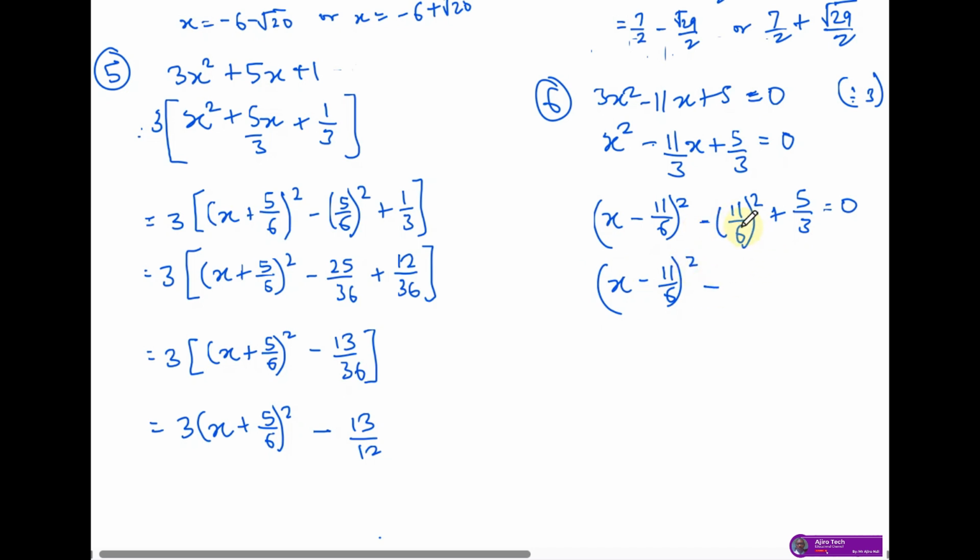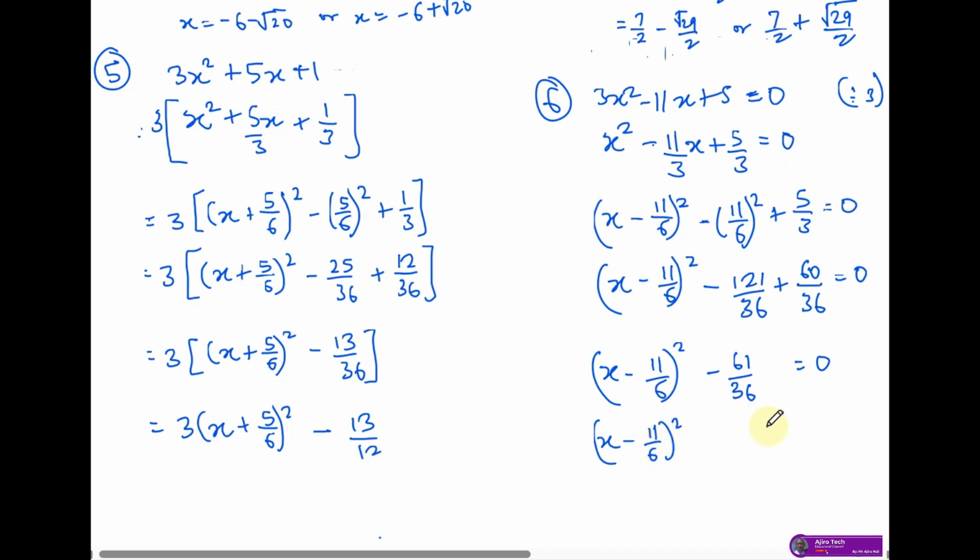This becomes negative 121 over 36 plus, if I make this 3 to be 36 also, 36 divided by 3 is 12, 12 times 5 is 60. So x minus 11 over 6 squared. Sum these two, numerator I have negative 61 over 36 equal to 0. x minus 11 over 6 squared equal to 61 over 36.